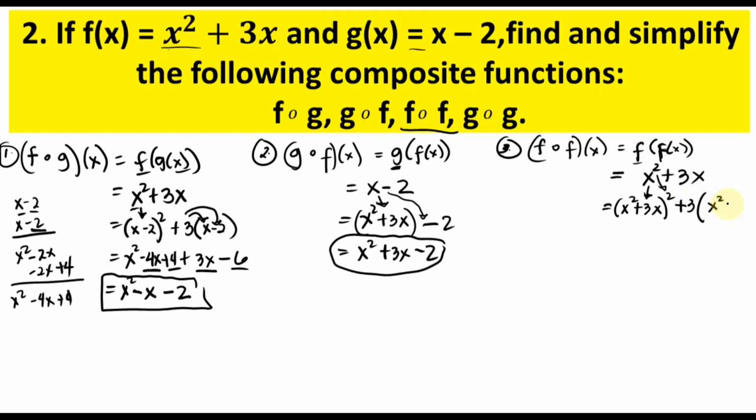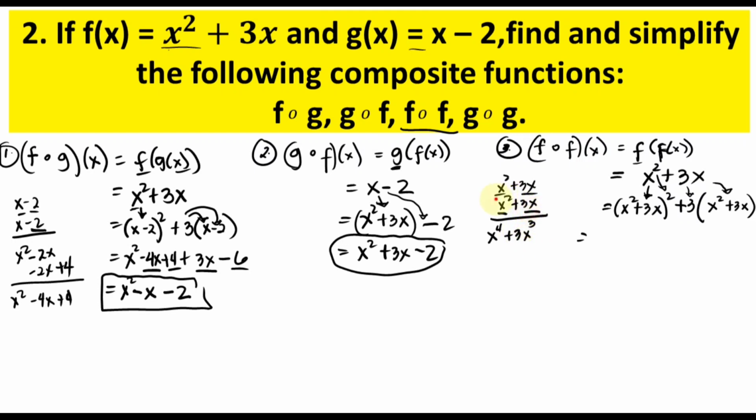x squared plus 3x. So, ito na. Ito yung value ng x. Ito yung 3 natin. Then simplify. So x squared plus 3x times x squared plus 3x that is equivalent to x raised to 4 times then x squared times 3x that is 3x cubed.